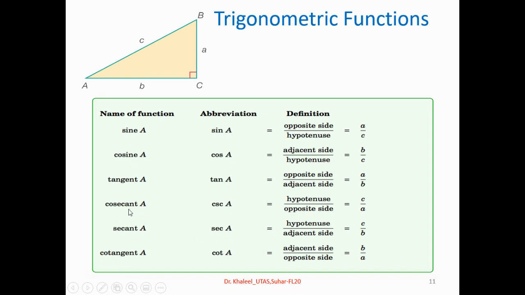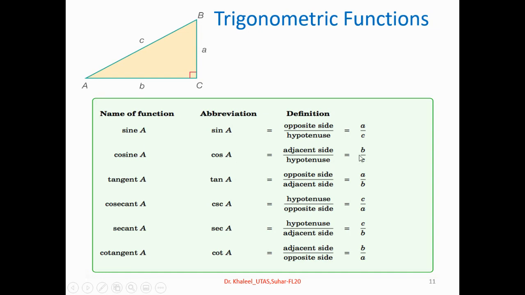Note that cosecant I write as csc. The definition: sine A is opposite divided by hypotenuse, that is a divided by c.